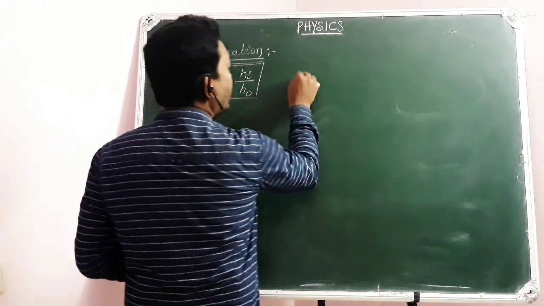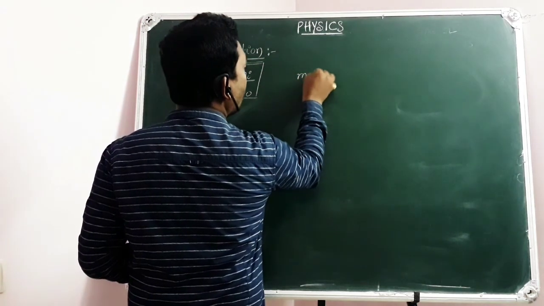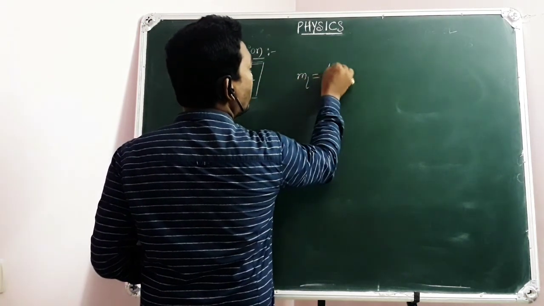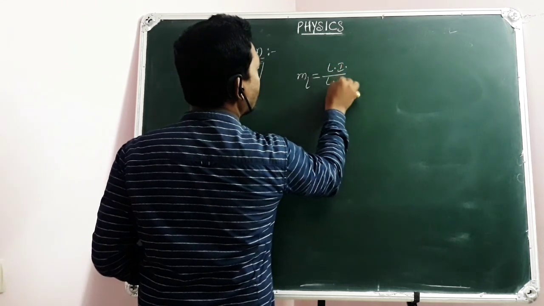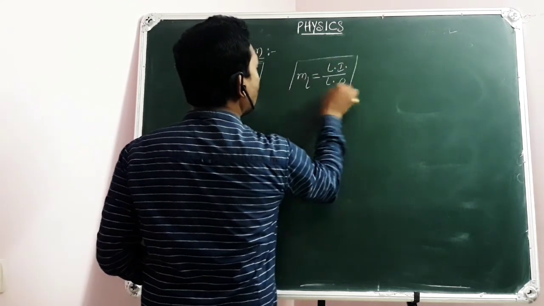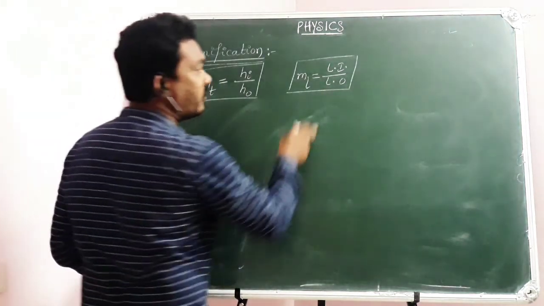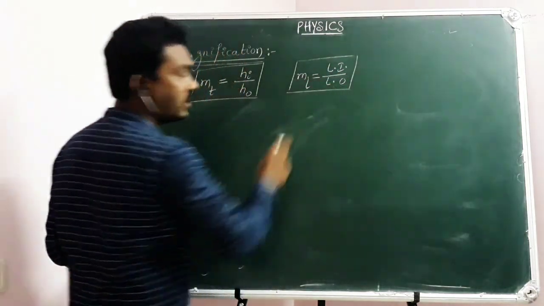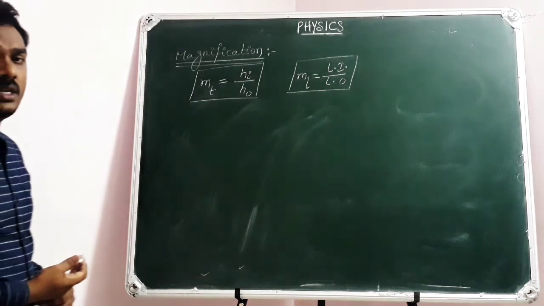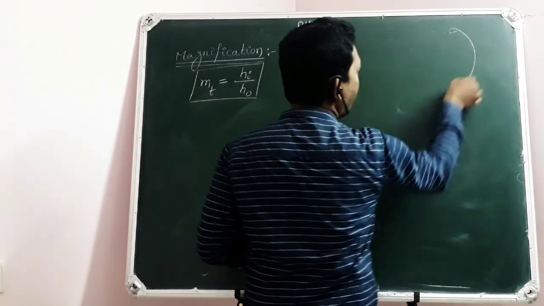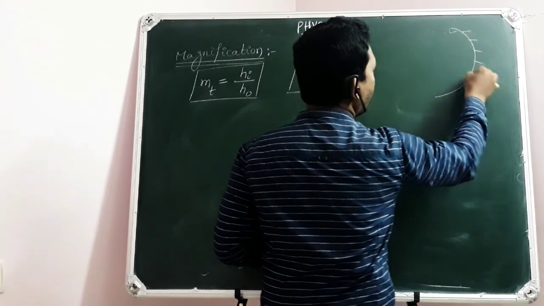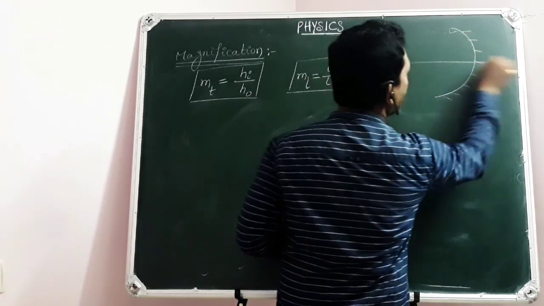Whereas the linear magnification formula is length of image by length of object. Take the full forms: the ratio of the length of the image to the length of the object is called linear magnification. Just for your recollection, I gave this type of explanation in the earlier class.